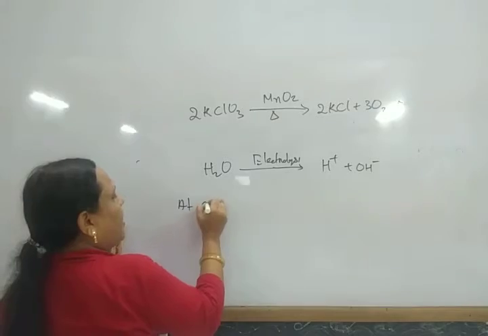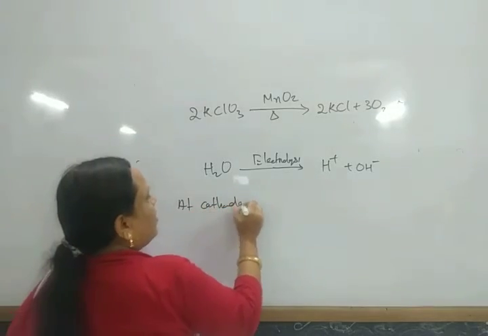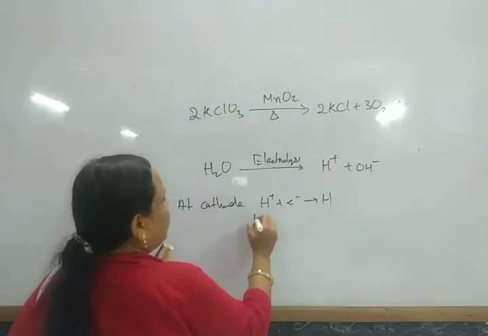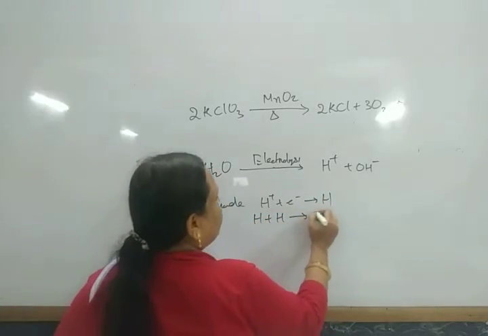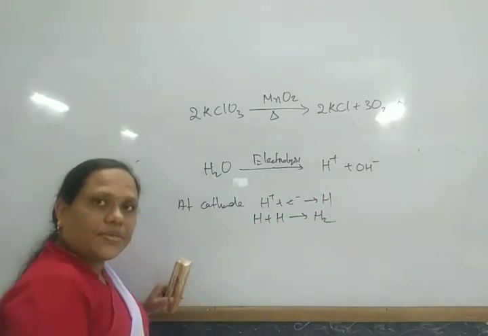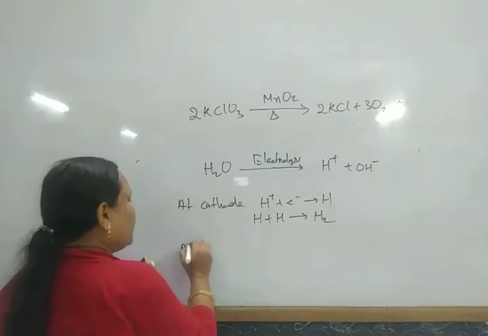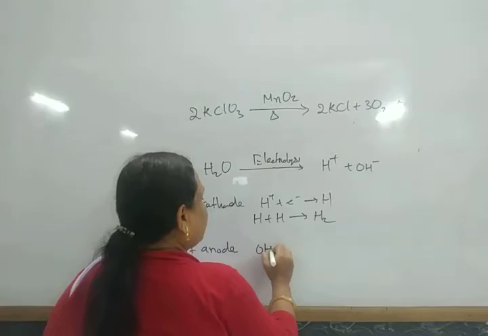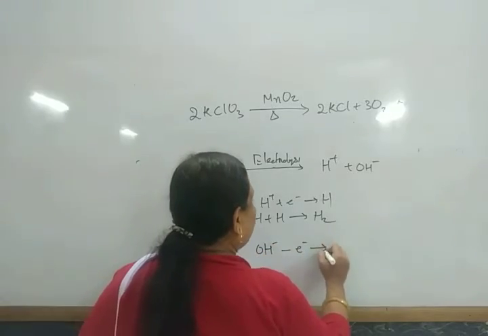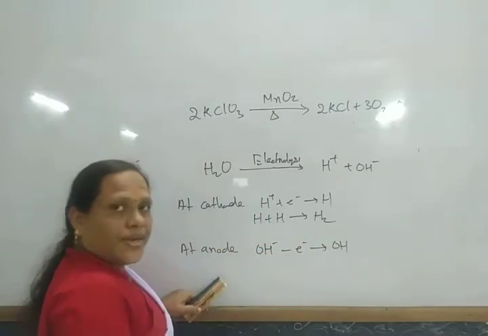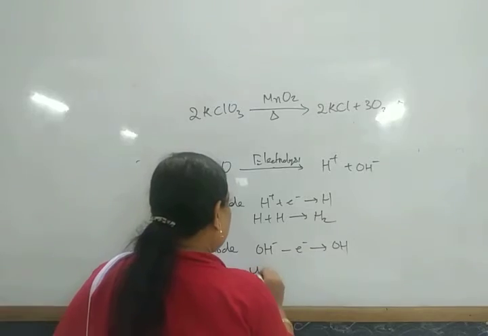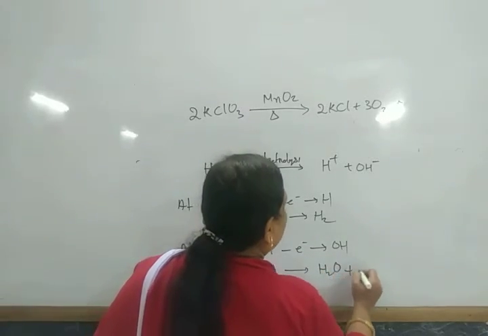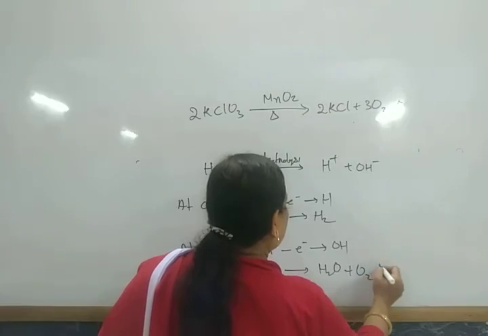At the cathode, H plus plus electron gives H, and H plus H gives hydrogen gas. Similarly, at the anode, OH minus gives OH plus electron, and OH being unstable, 4OH gives 2H2O plus O2.